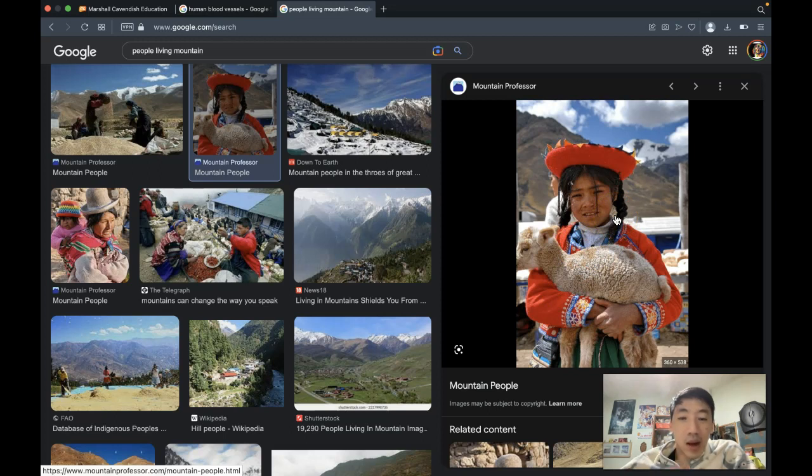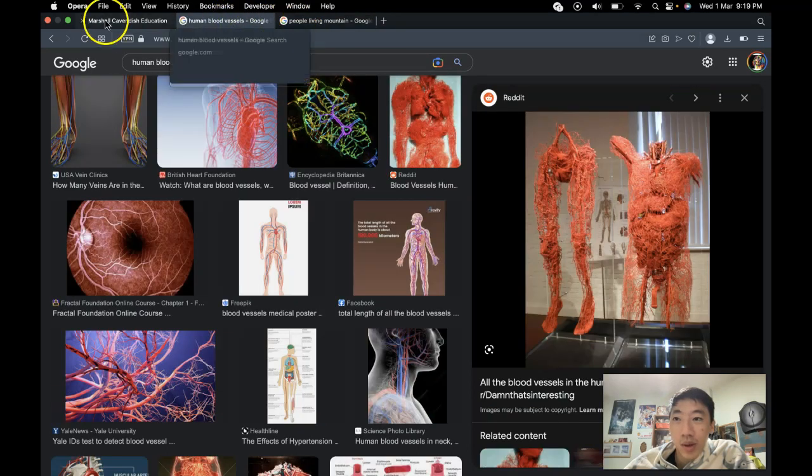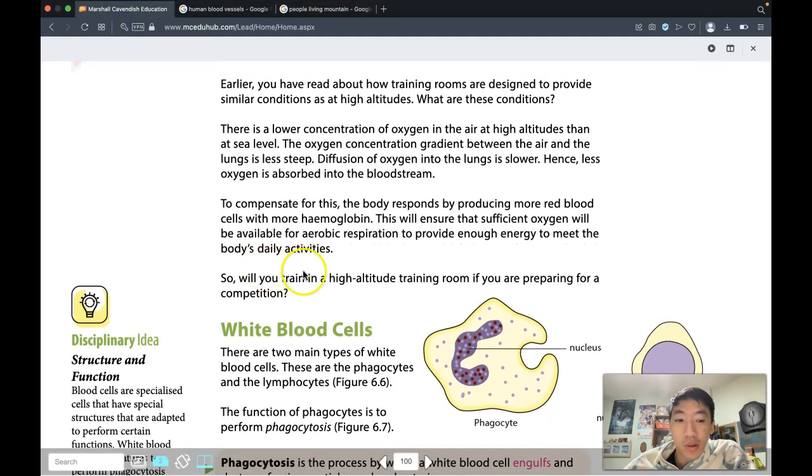Because they actually have a higher red blood cell count in their body. Anyway, that's one interesting fact.